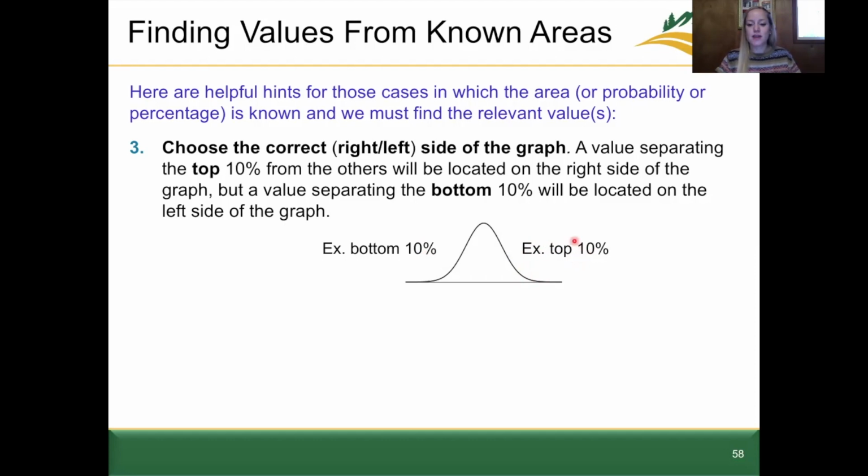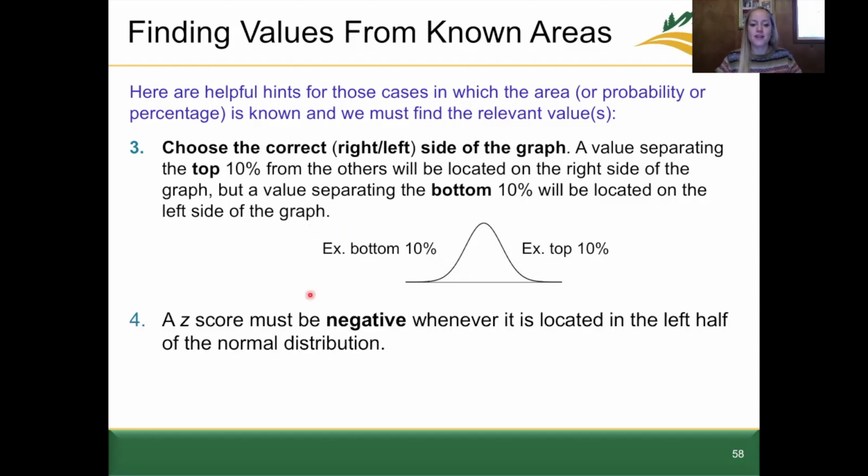If we're dealing with the top 10% or top whatever percent, or dealing with finding a probability greater than some known value, that's when we need to use the complement and take 1 minus the cumulative area from the left. So this helpful hint number 3 is really important.